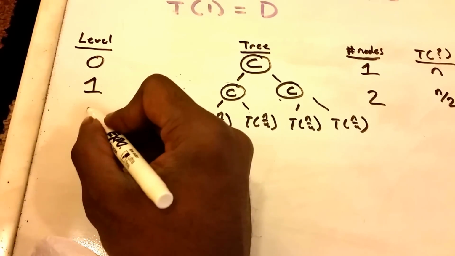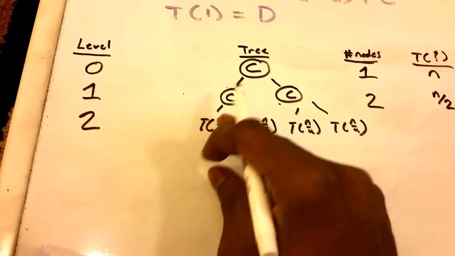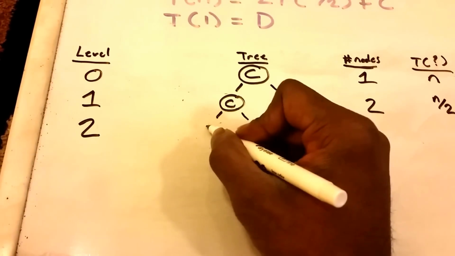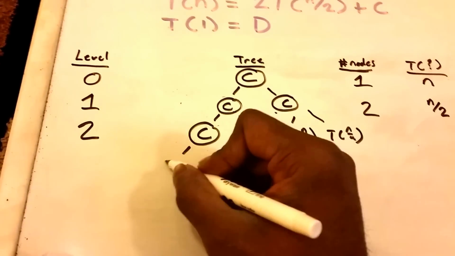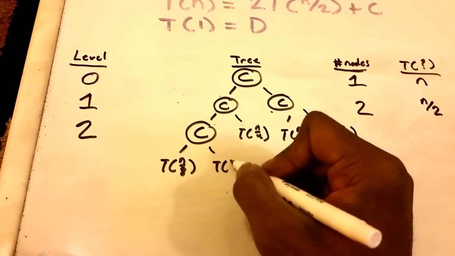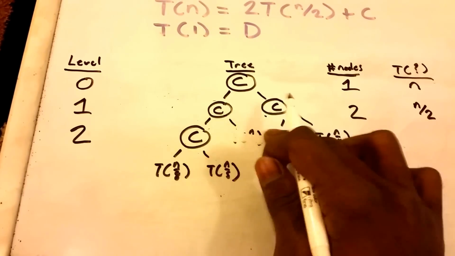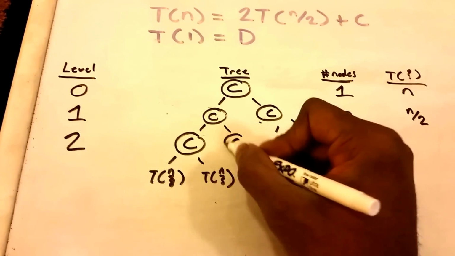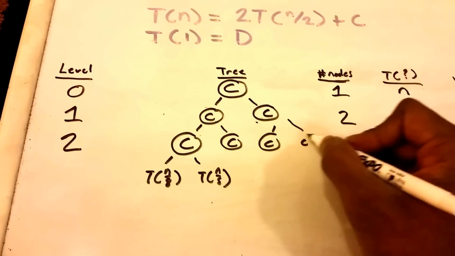So let's see for our next level, which is level 2. We can basically replace this T of n divided by 4 with C. And then, of course, we're going to get T of n divided by 8 and T of n divided by 8 here. And we just replace all these with C. So C here, and C here.